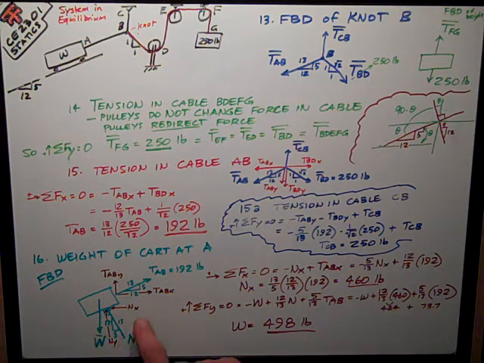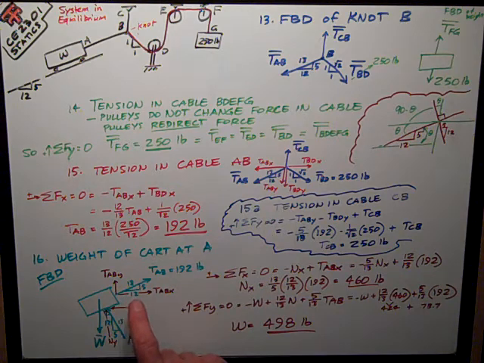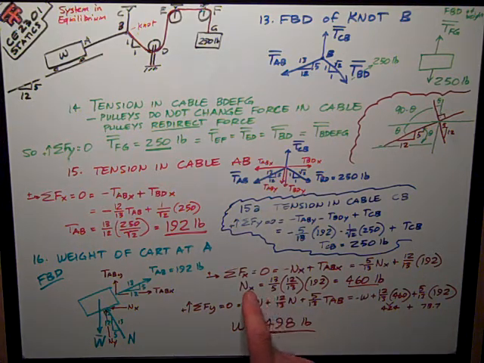The X portion of N is 5/13 and it's negative because it's to the left, plus the X component of TAB, which is 12/13 times 192. Doing the math, I get NX is equal to 13/5 times 12/13 times 192, or 460 pounds.